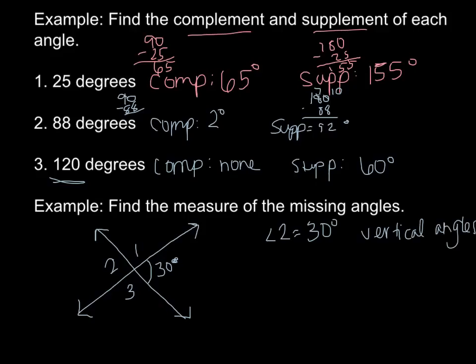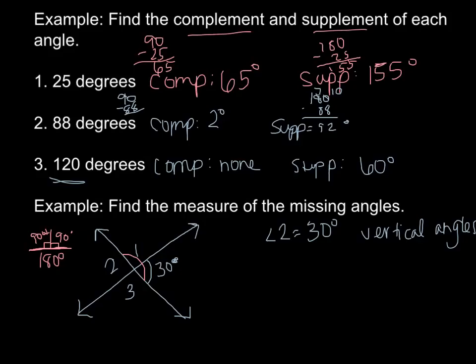Okay, then can I figure out angle 1? Well, I can, because I know that a straight line equals 180 degrees. How I know that is that if I have a right angle and another right angle, it makes a straight line: 90 plus 90 degrees equals 180 degrees.